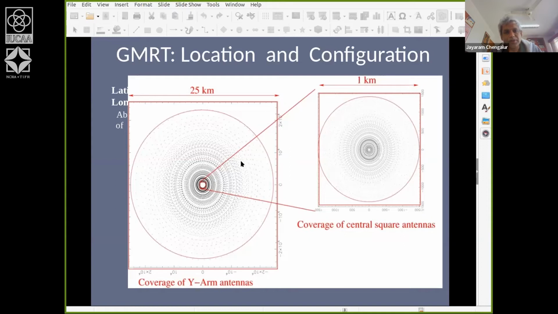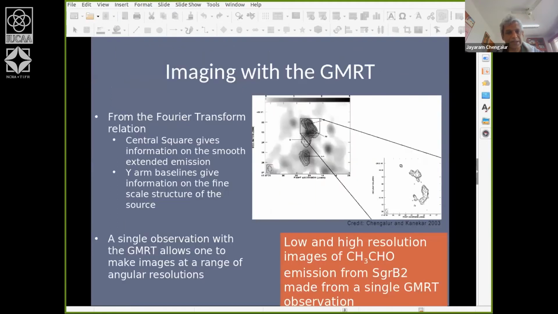And when I put all of this together, and I also, of course, consider the pairs formed between the central square and the arm antennas, which I have not plotted here, I will actually get quite a nice coverage of this entire plane. And so my filter would have collected all the spatial components, and I would be able to make a fairly high fidelity image of the sky. But what would happen if I were to use just one or the other? And that's what I'll show you in the next picture.